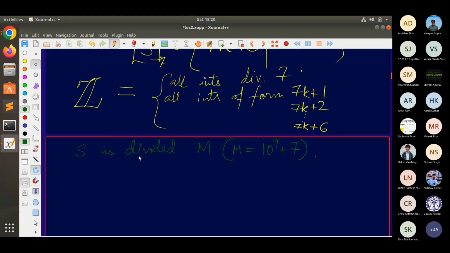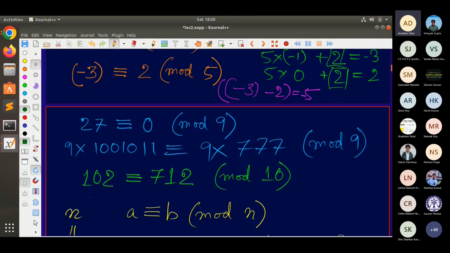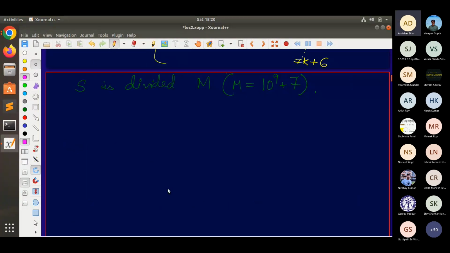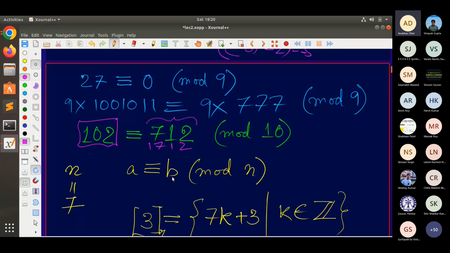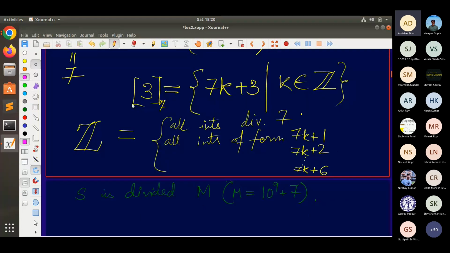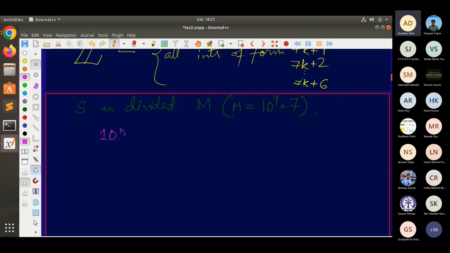So here we can write any number on either side. If it's 102, we can write 712, we can write 1712, we can write anything ending with a 2. But what they want us to do is report nothing but the integer 2, because when you divide 102 by 10, you get the remainder as 2.